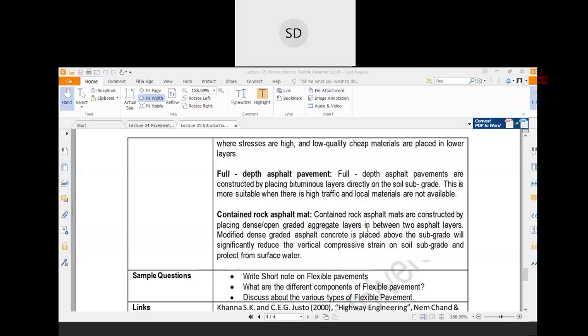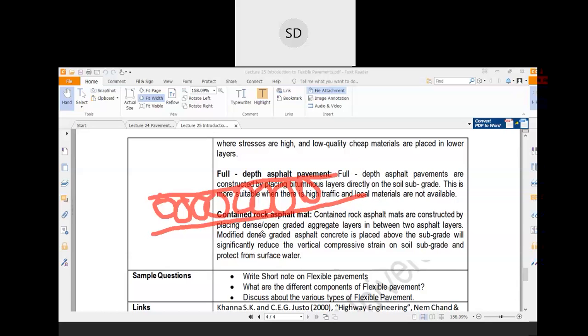Okay, so there would be bituminous layers, and in between there would be aggregate which would be dense graded or sometimes open graded depending on the characteristics or desired properties of the road pavement.